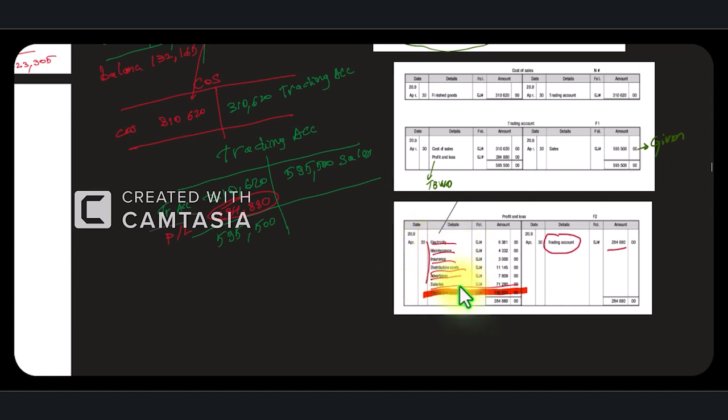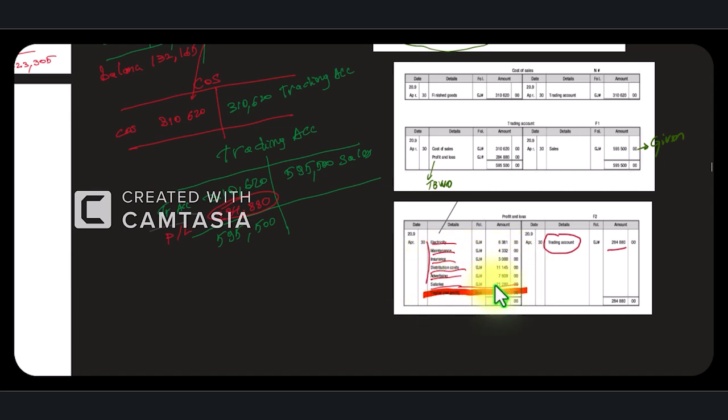So we put all this electricity that belongs to the offices, not electricity that belongs to the manufacturing, maintenance that belongs to the administrative offices, not to the manufacturing, right? So you take all of these into account.